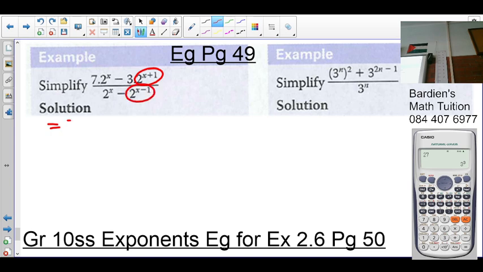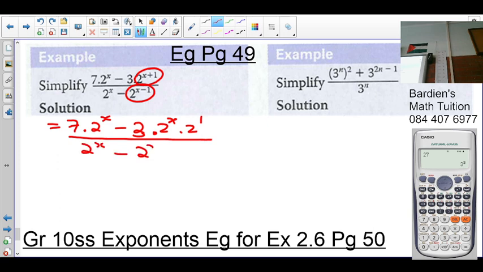Okay. So it's 7 times 2 to the x minus 3 times 2 to the x times 2 to the 1. I broke that up in the numerator, over 2 to the x minus 2 to the x times 2 to the negative 1.